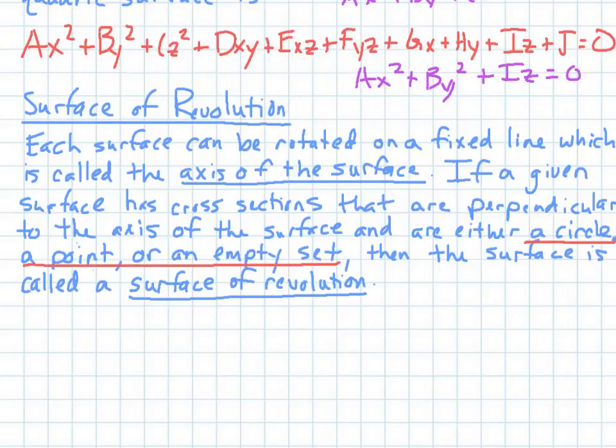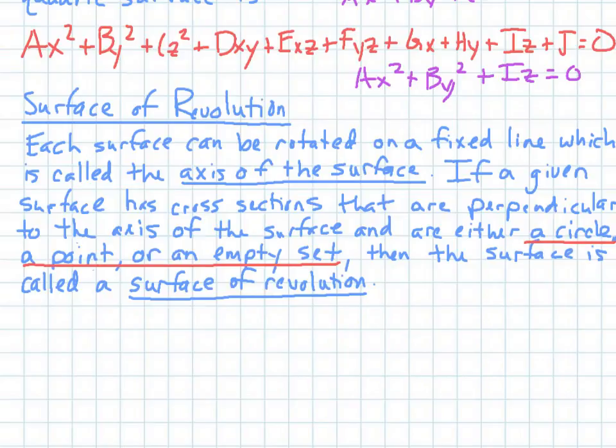So if a given surface has cross-sections that are perpendicular to the axis of the surface and are one of these three things, either a circle, a point, or an empty set, then the surface is called a surface of revolution. So basically, if I can take a shape and rotate it around, and if you cut it on a plane perpendicular to this axis, you get a circle, and then you cut it in another place and you get an empty set or a point.